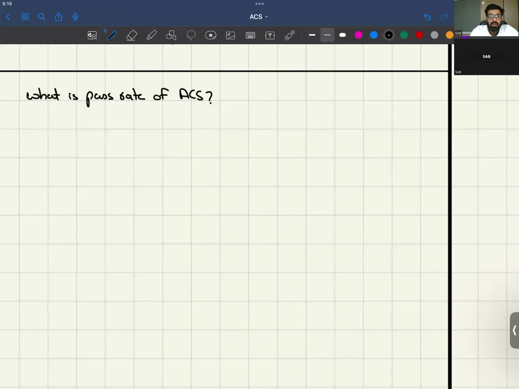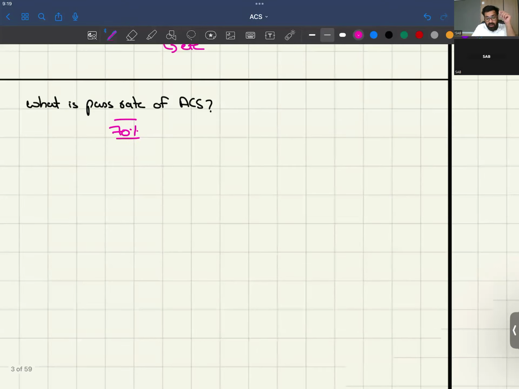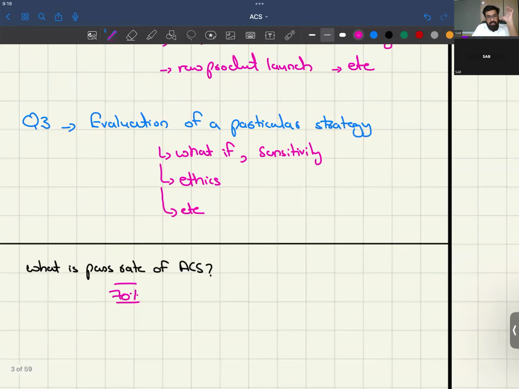In that particular region, how many students pass this? In the last attempt, I remember it was around 70%. The 70% of students pass it. Now the thing is, sir, how has this paper been passed so easily? See, the requirements are quite easy.